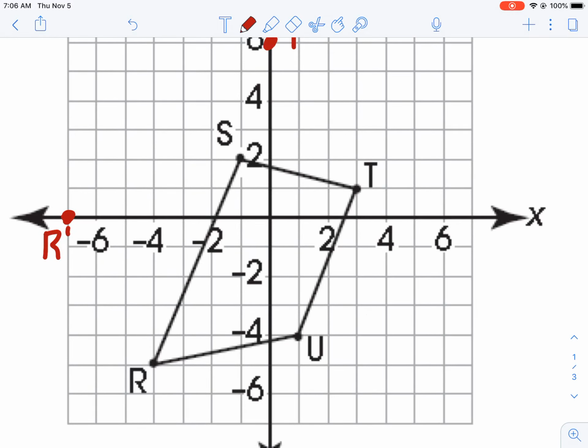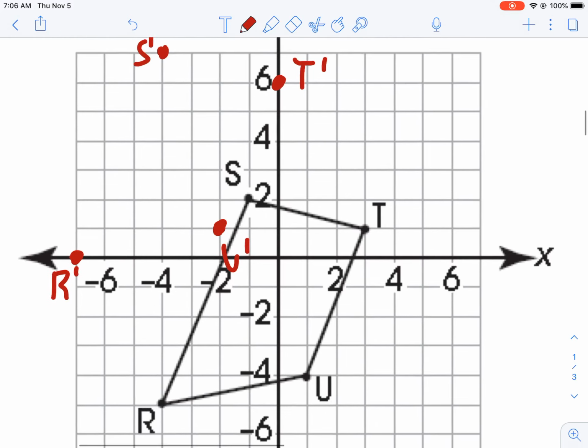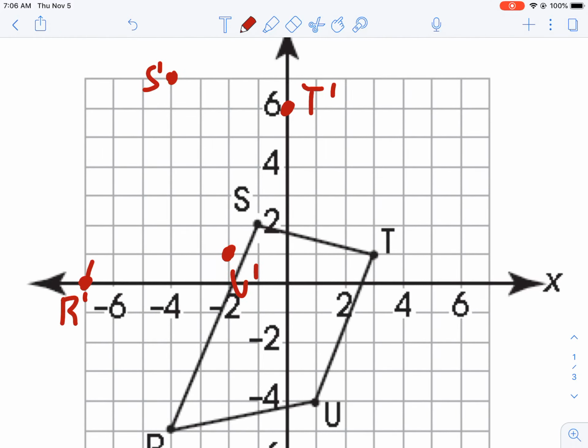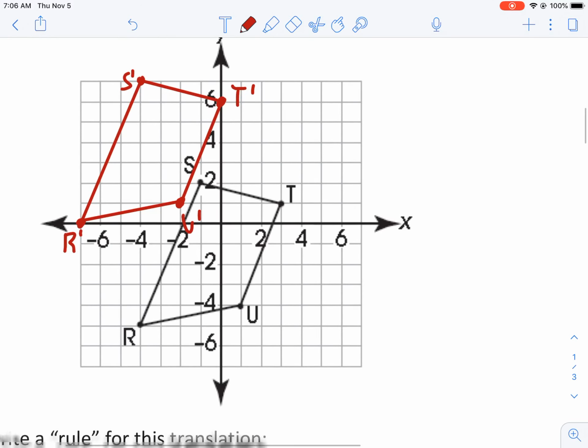And then finally we have U, 1, 2, 3, 1, 2, 3, 4, 5. And that would be U prime. And once you've got all your points, you can connect them. And you should be able to see, okay, we've now shifted 3 units left and 5 units up.